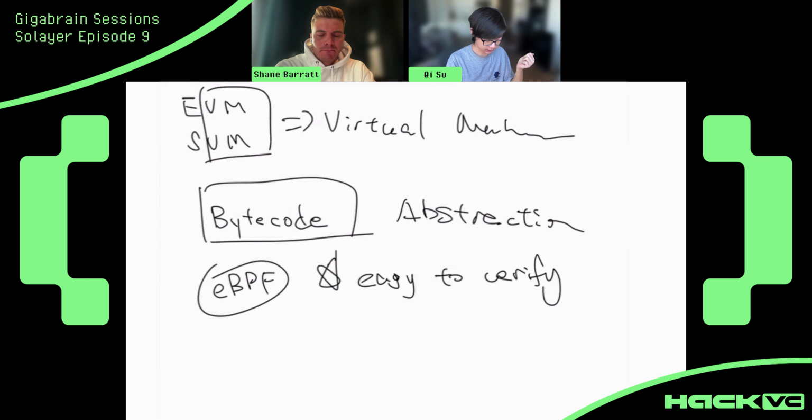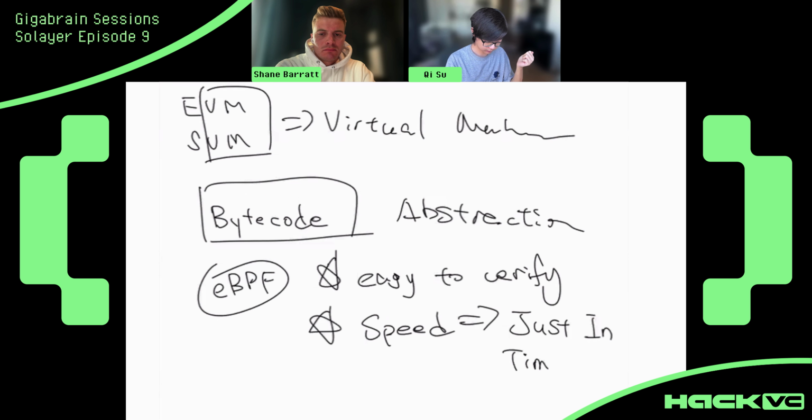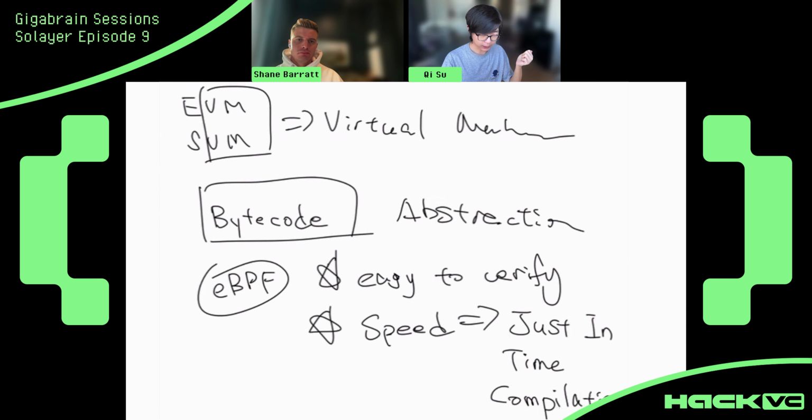And the second thing is the speed. Since they are both bytecode, why is eBPF way faster than EVM? This is because eBPF has something called just-in-time compilation. Bytecode, as I explained before, you can think of as a computer built on top of a computer.